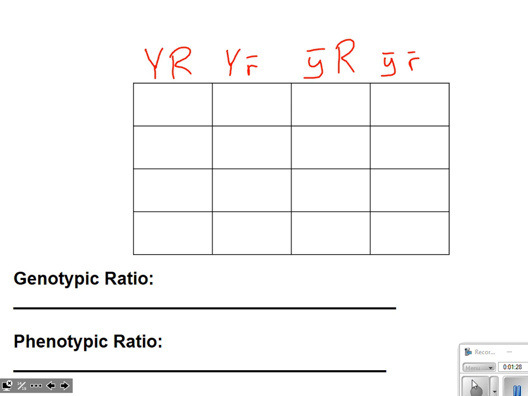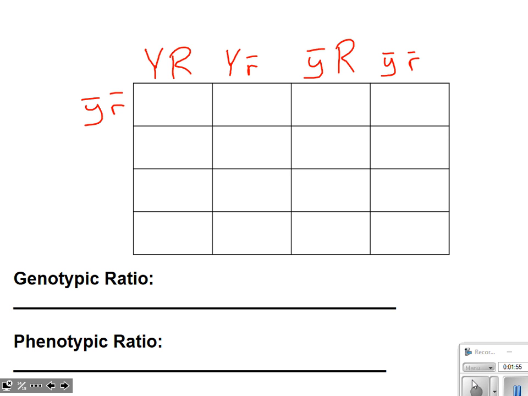Now, as I look at this, my only one for this one was y little r when I FOILed it. Did I need to put all of those? No. If I have the same thing, I don't need to do it 4 times. That's just making busy work. I only need to do it the 1 time.